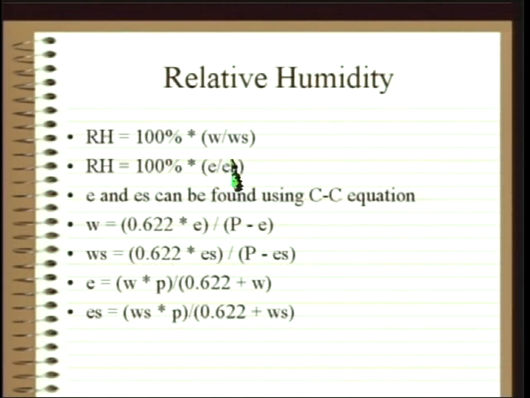We can find what those values are and use the Clausius-Clapeyron equation to find what the relative humidity value is. So these are the equations that you were given earlier for mixing ratio, saturation mixing ratio, the vapor pressure, and saturation vapor pressure.